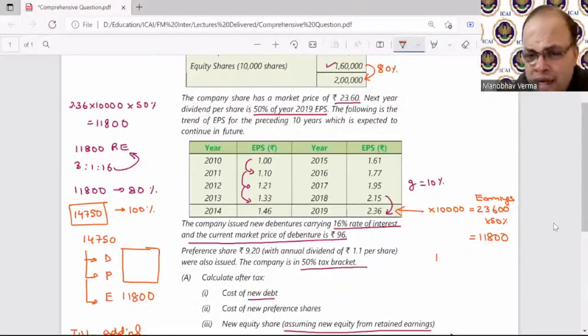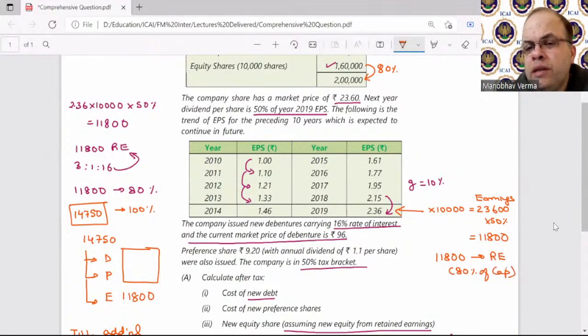So 11,800 is actually coming from retained earnings, which is basically 80% of my total capital, or rather 80% of my additional investment. So that means 100% will be 11,800 divided by 80%, which is 14,750.